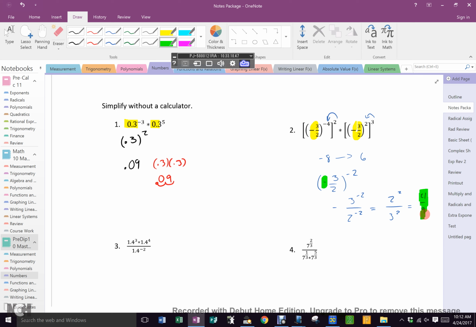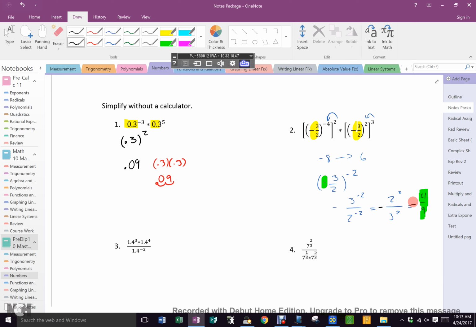Okay. So Tavleen is saying we flip them. They flip 2 squared, 3 squared. But according to Tavleen, this negative stays all the way through. Who agrees?